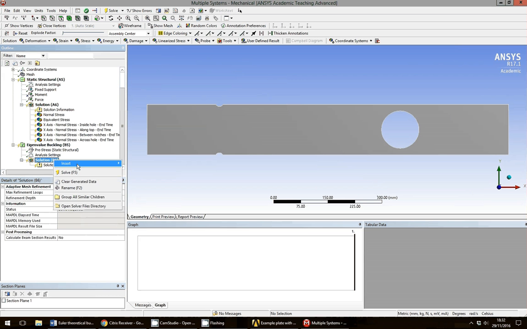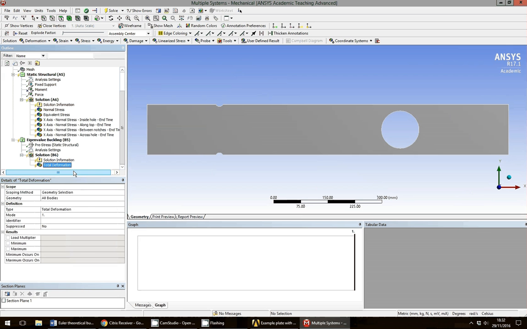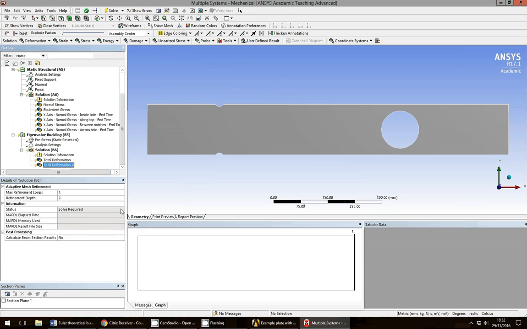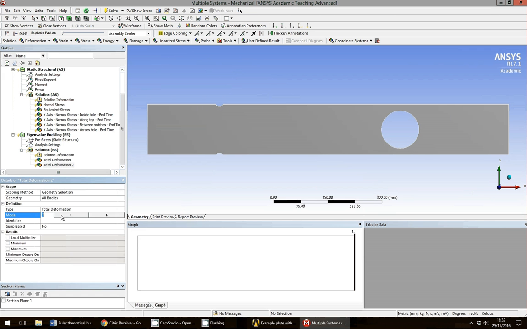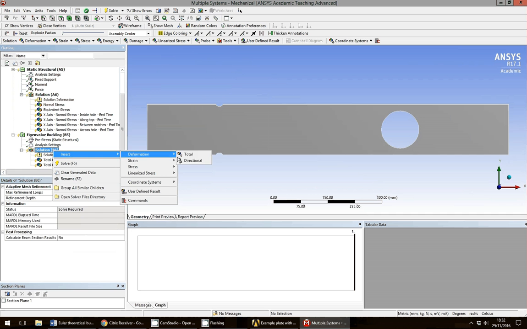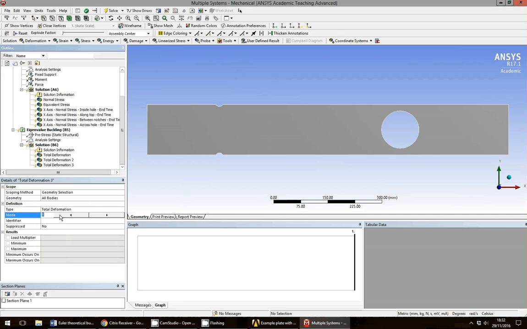And what do we want to see in the solution? Typically, it will give us the factors, the buckling load, but we want to see the shape of the modes. So mode 1, that's fine. And we'll insert total deformation, and we'll do that for mode 2. I'll put all these in now while we're at it. Total mode 3.